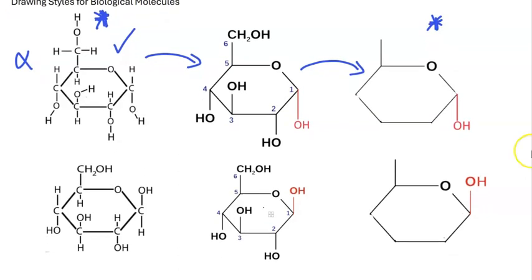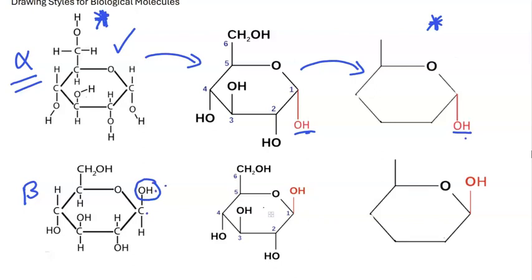I've emphasized the fact that in alpha glucose, the OH group on the first carbon is down. Contrast that with what's called the beta form of glucose, in which on the first carbon, the OH group is up.